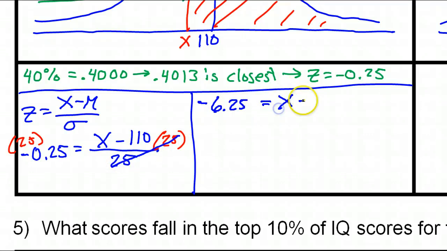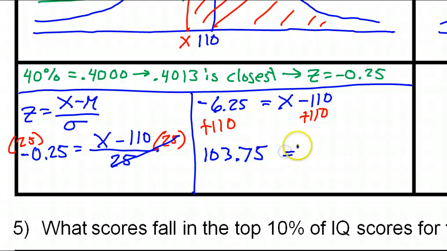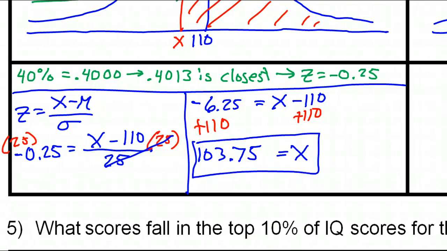So that equals x minus 110. Time to add 110 to both sides. So plus 110. That's going to give me 103.75 is equal to x. That is really the answer.